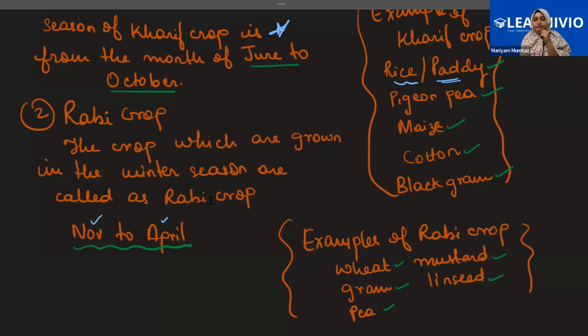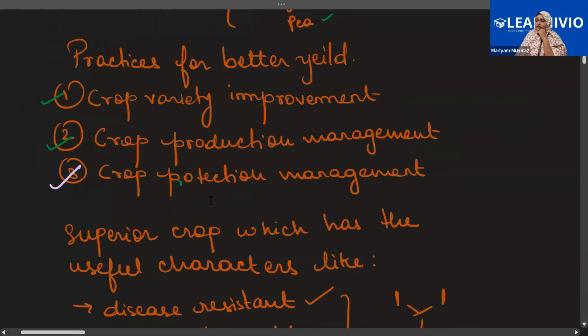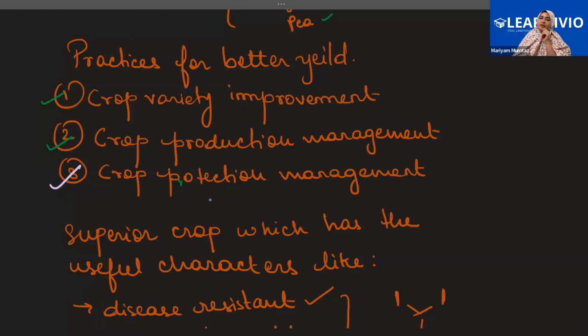Now moving forward. See, the practices for better yield. There are certain practices that we can employ for having a better yield of the crop. The first one is crop variety improvement. Then the variety of the crop that is being produced should be improved.